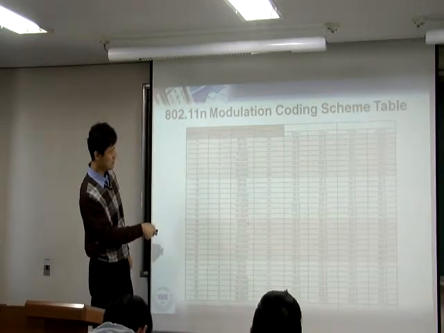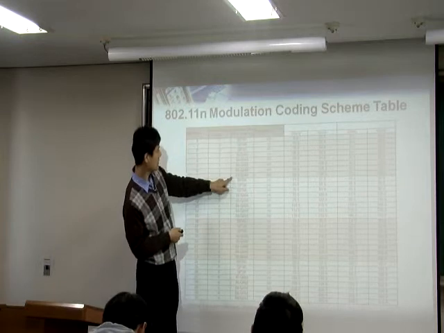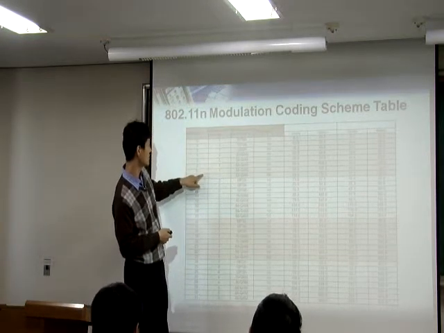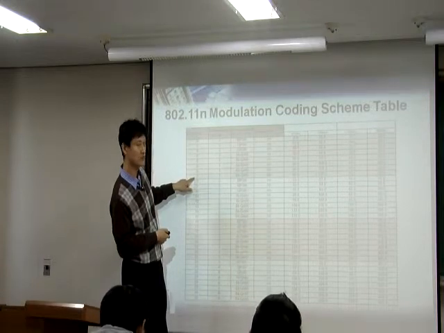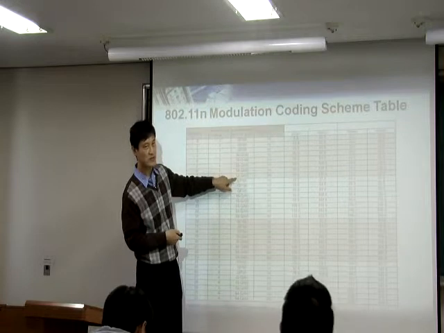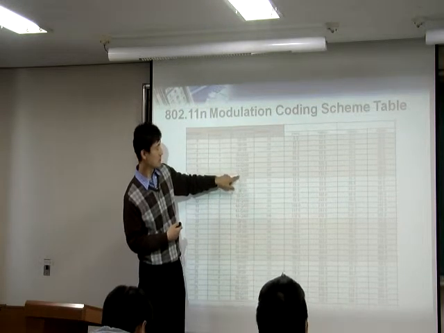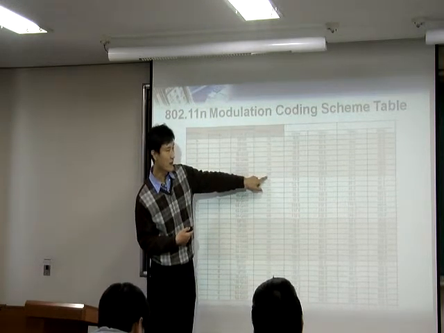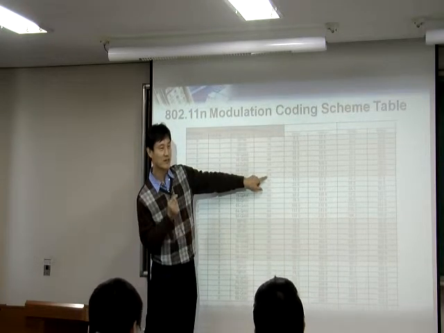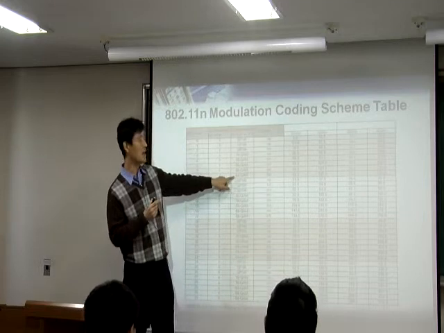You see all those things, right? Look at the last one here, in the case of one spatial stream. So MCS7. In MCS7, you use 64 QAM modulation, the highest modulation. And also look at the rate, 5/6. That's almost close to 1, right? So they have very little redundancy, and they use the highest modulation.